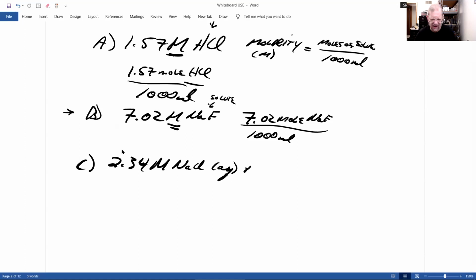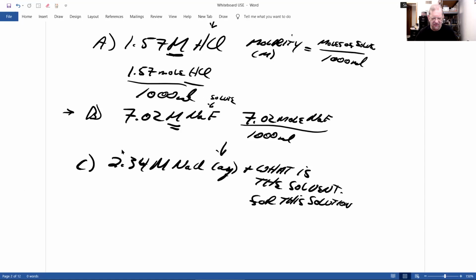What does this mean? And what is the solvent of the solution?